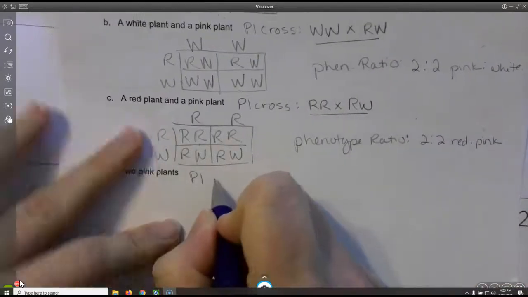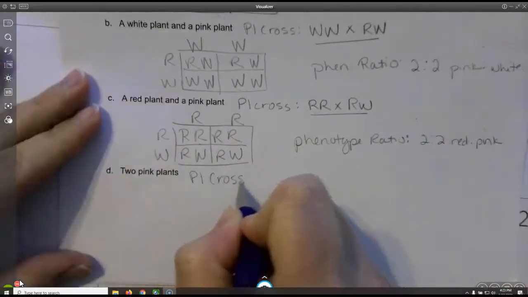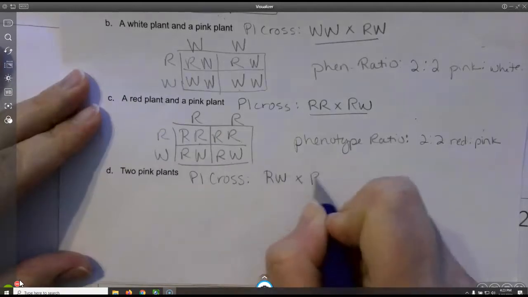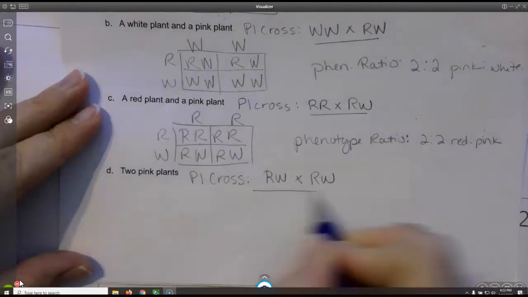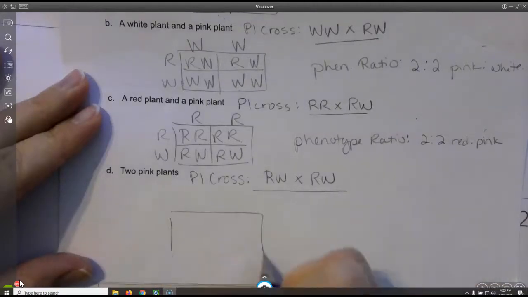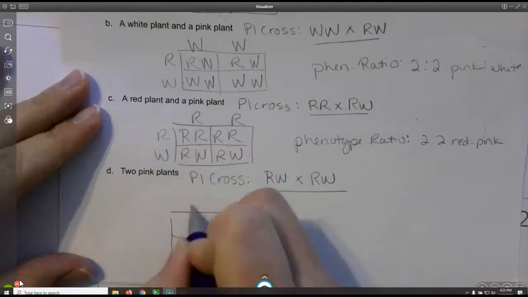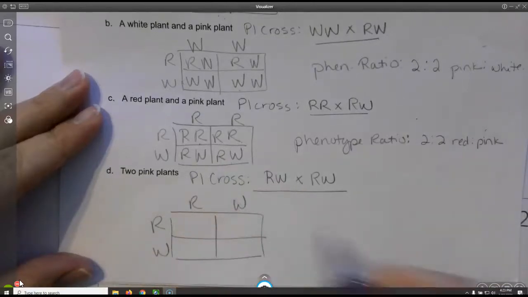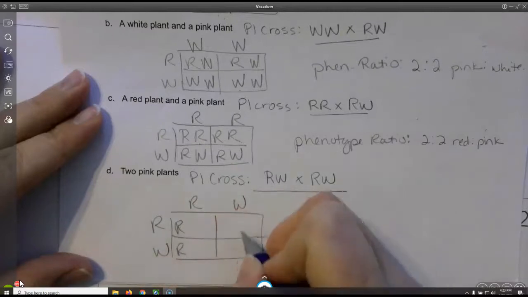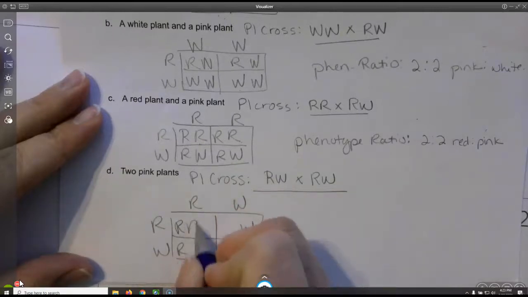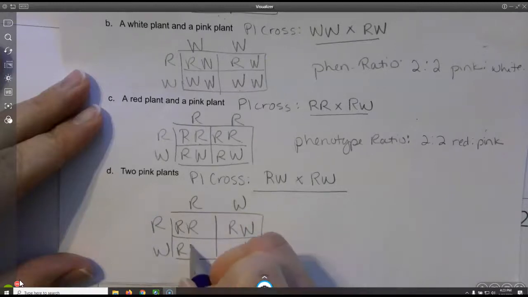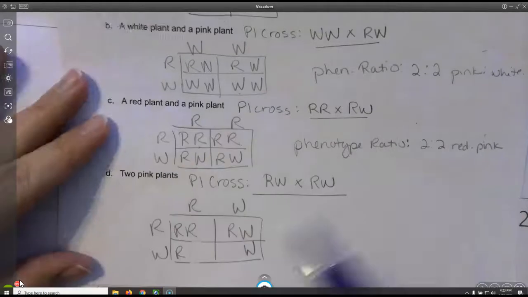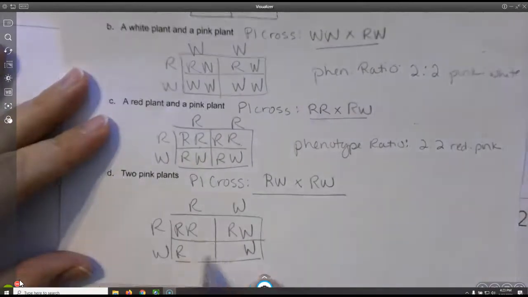Alright, the P1 cross of 2 pink plants. So let's do RW with RW. Drop our R's down, drop our W's down, bring our R's across. That's a W, not an R. One day I will be able to read the alphabet again.